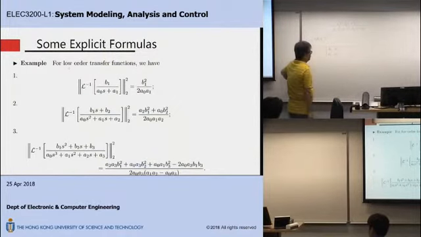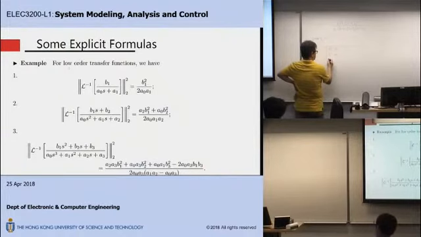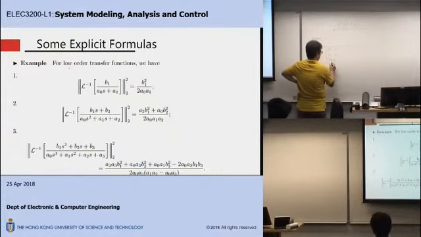Then the first element of the third row is A1 A2 minus A0 A3, divided by A1.